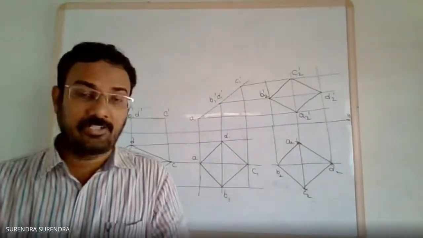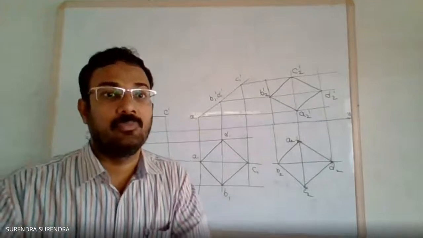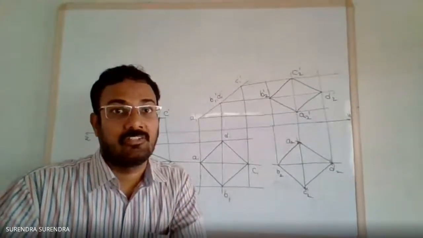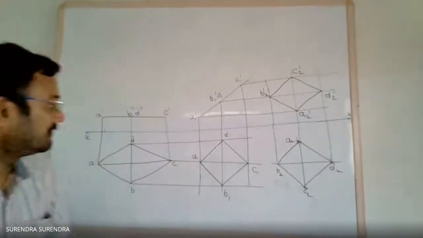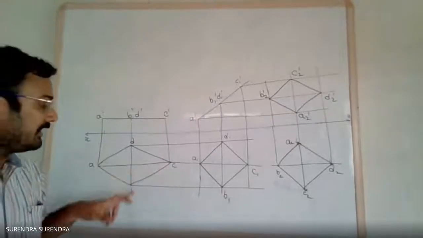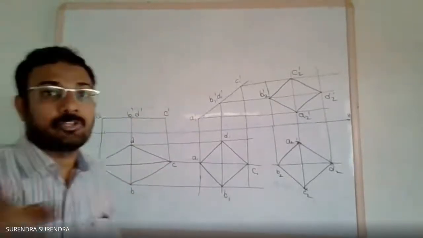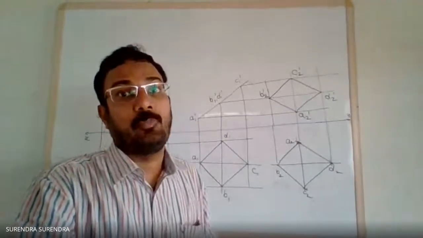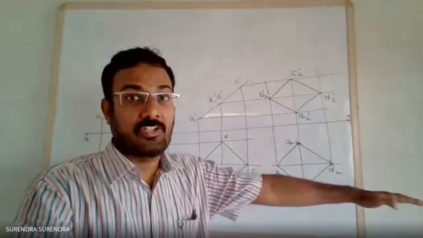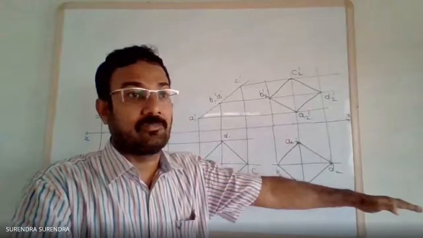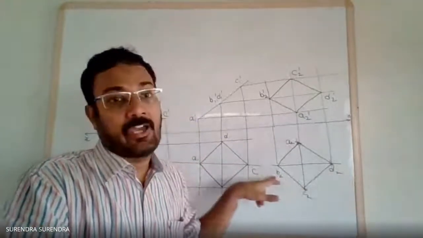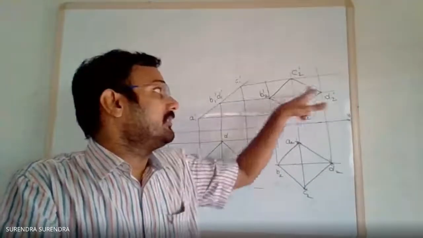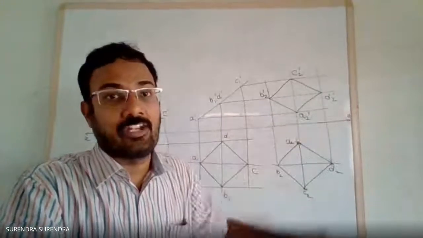Observe the final view. In the final view, what is the longer diagonal? The longer diagonal is AC and the shorter diagonal is BD. The problem is given as the shorter diagonal is parallel to both reference planes. See the final condition: the shorter diagonal BD is parallel in the top view and also parallel to the XY line in the front view.